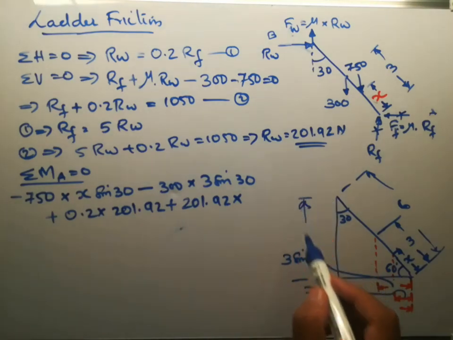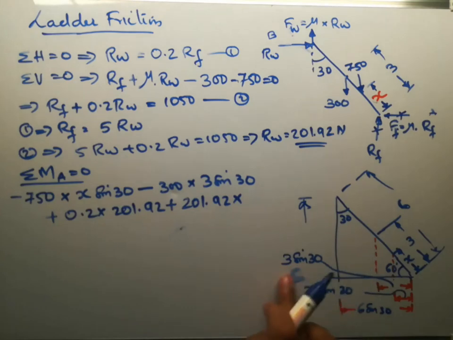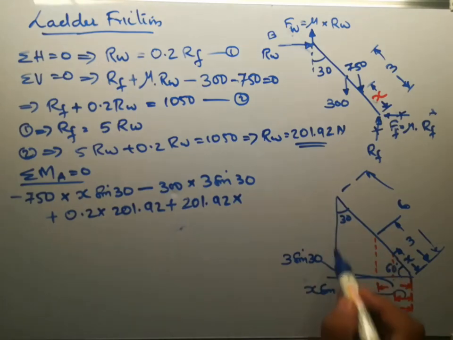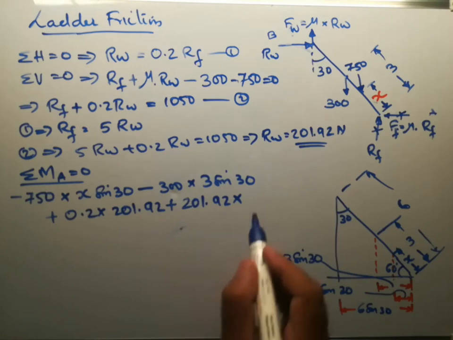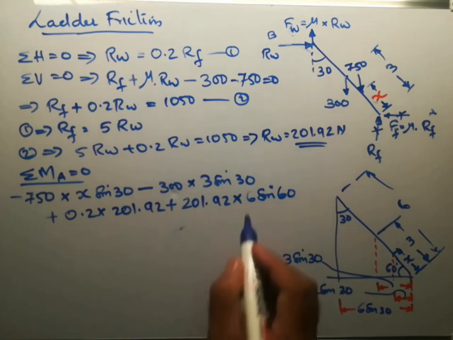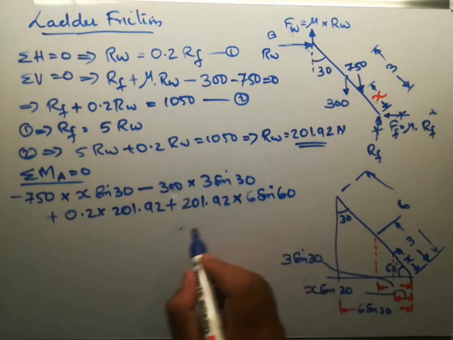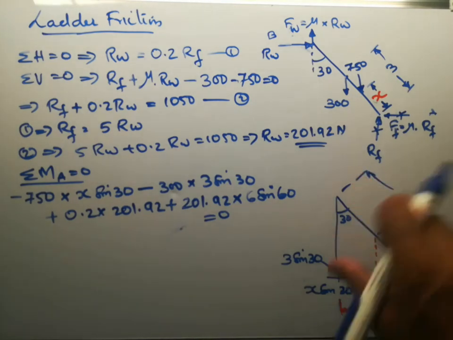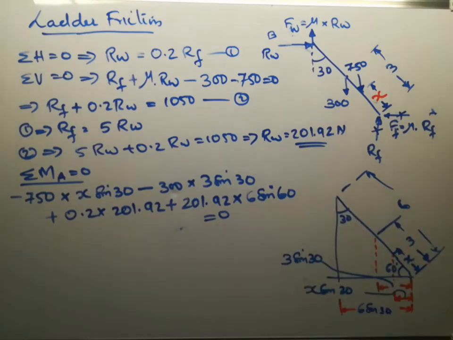That will be 6 sine 60. This should be equal to 0, because 6, its vertical component, will be 6 sine 60.